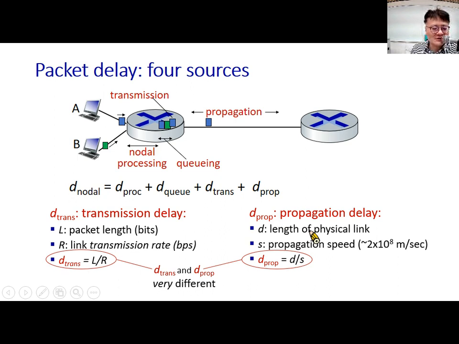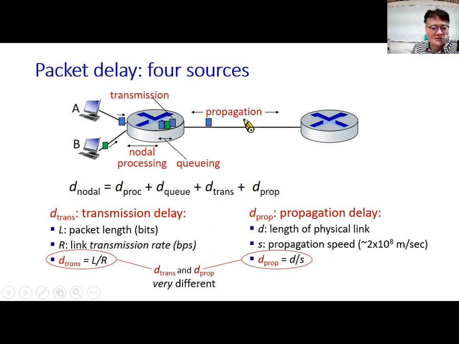So it's very, very different. Transmission is about the packet, packet length and the link transmission rate. It's behavior about the packet. But propagation is based on the physical link, the physical length and the physical speed.